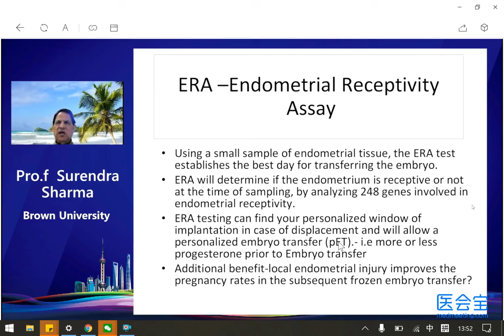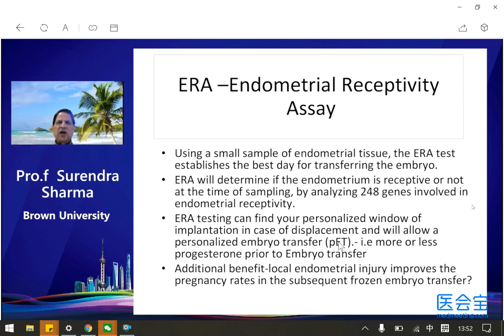The ERA, which is the endometrial receptivity assay, will determine if the endometrium is receptive or not at the time of sampling by analyzing 248 genes involved in endometrial receptivity.